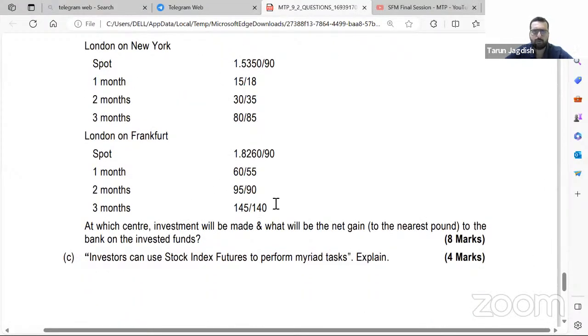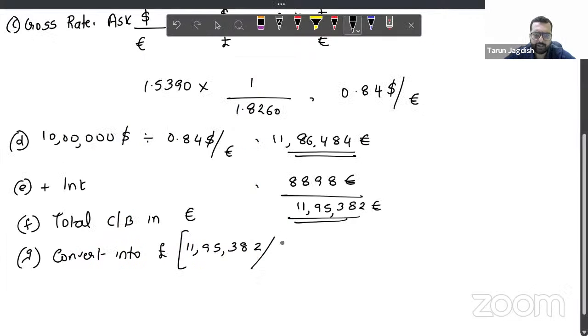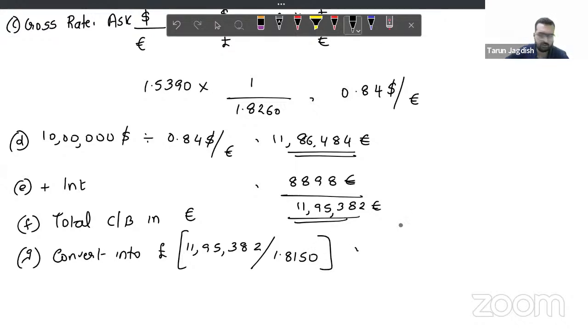Divided by 3 months forward ask rate, which is 1.8290 plus 140 minus 140, so 1.8150. 11,95,382 divided by 1.8150. You will get 6,58,612 pound.